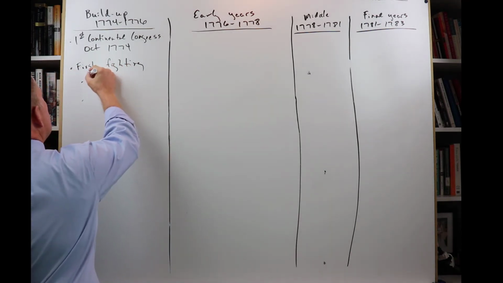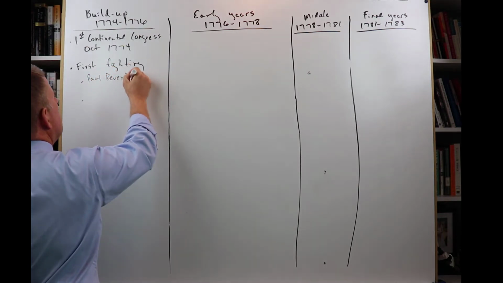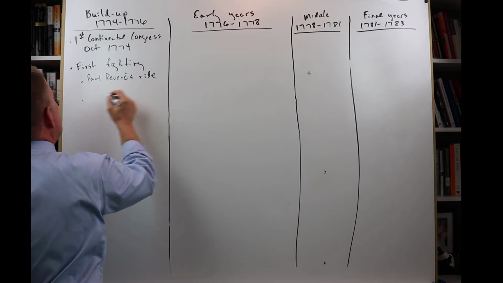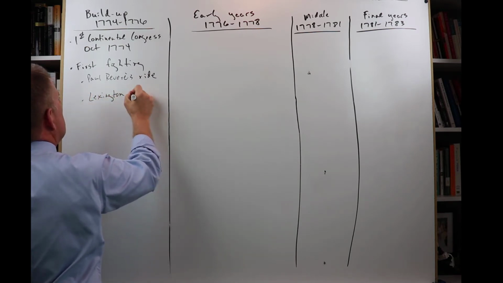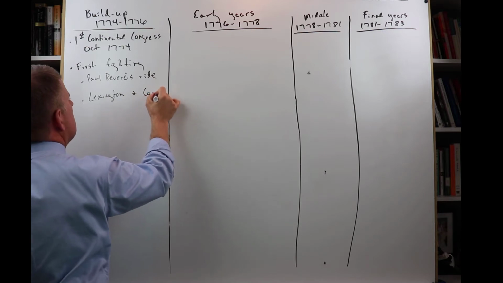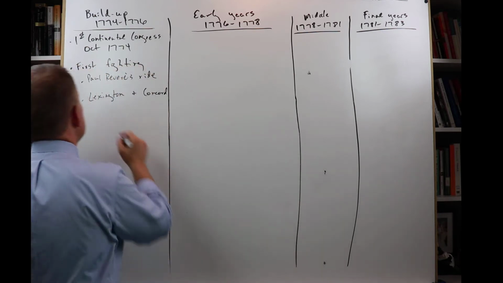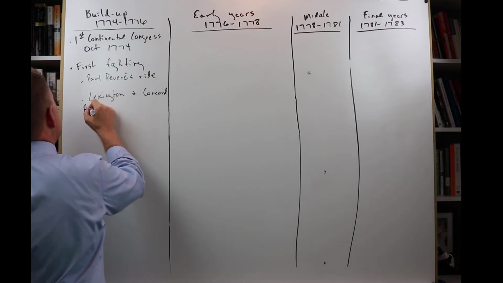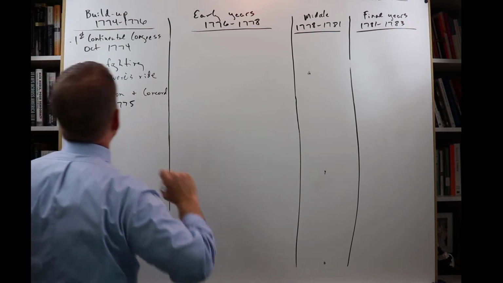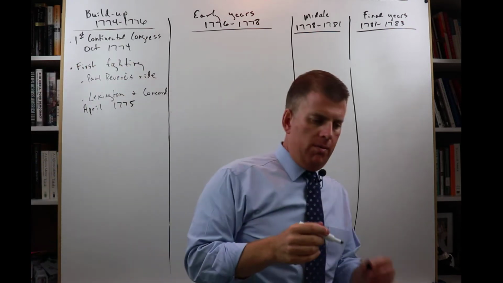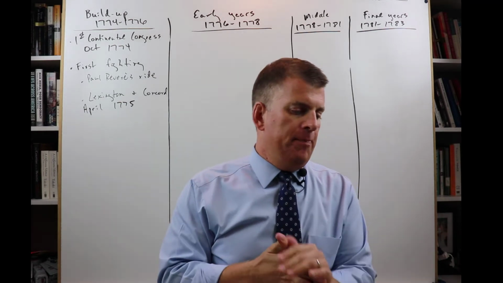So we have Paul Revere's Ride and Lexington and Concord. And that's April 1775. All right. So these happened almost simultaneously, about the same time.